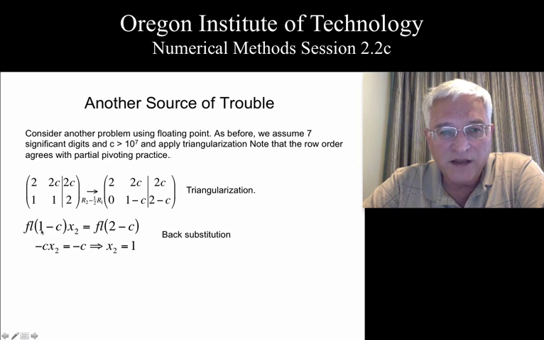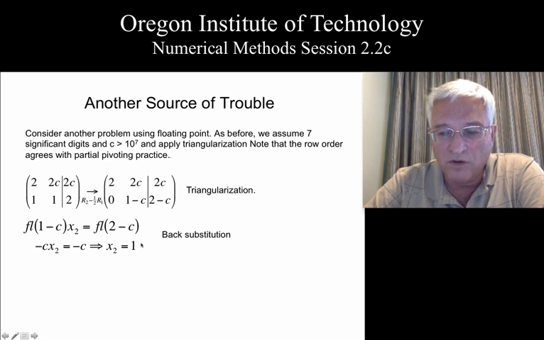So when I take 1 minus c in floating point, it looks like minus c, and I take the floating point of 2 minus c, and it looks also like minus c, which means my x2 will be calculated in the computer as 1 through back substitution. That's fine. That's what we got before. So now we simply stick x2 back into the system, and use row 1 to calculate what x1 was.